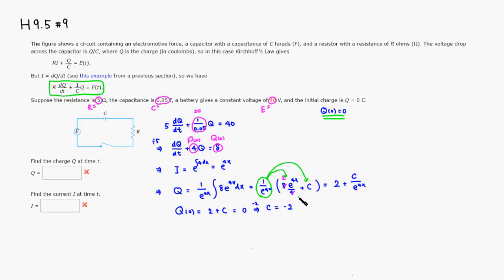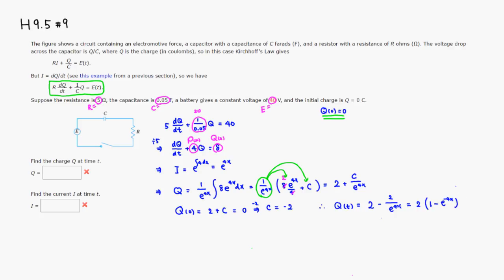So the equation is Q of t equal to 2 minus 2 over e to the 4x. We can rewrite it by pulling out 2 and a 1 minus, and 1 over e to the 4x is e to the -4x. So that's the Q.